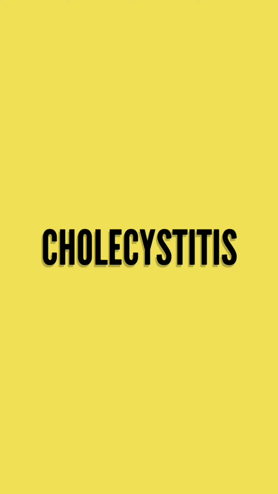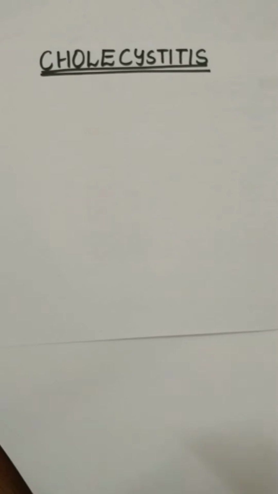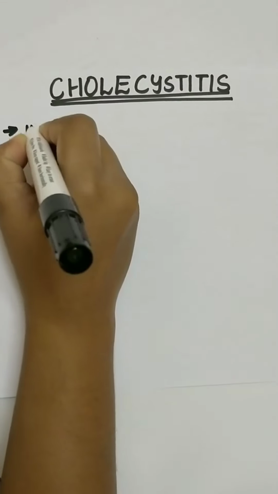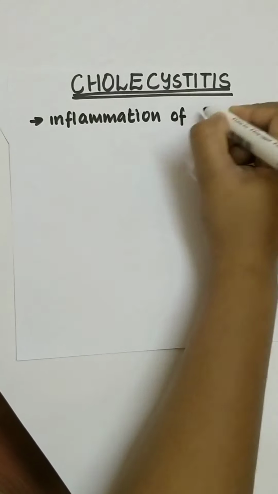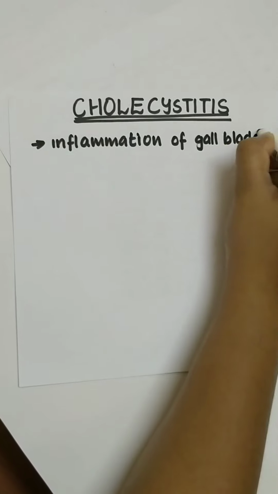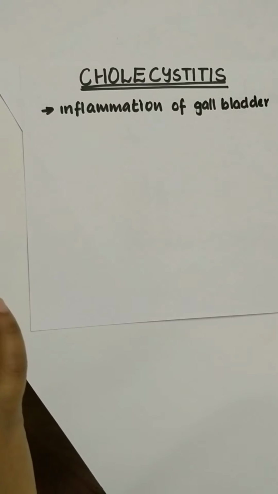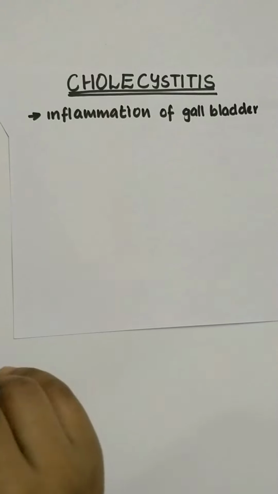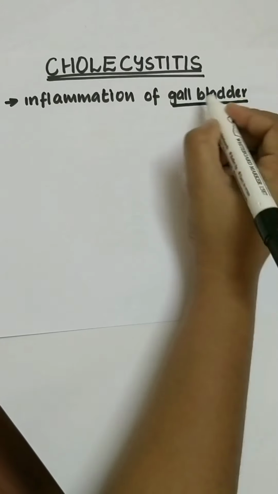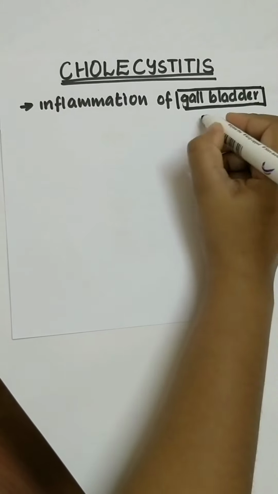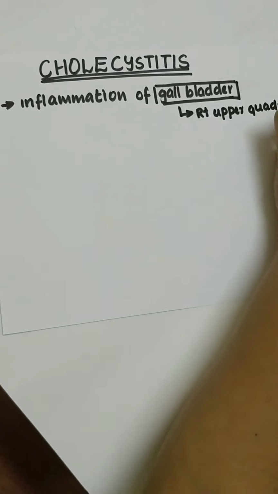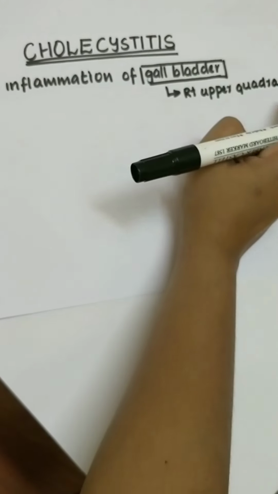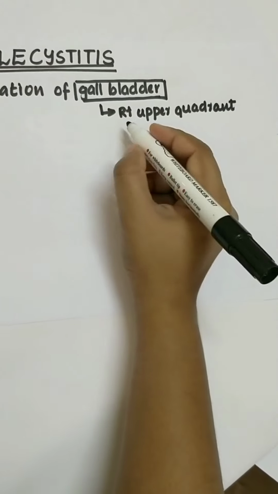Moving on to the first disorder, cholecystitis. Cholecystitis is the inflammation of the gallbladder. Now we will see what the gallbladder is. The gallbladder is an organ that is situated in the right upper quadrant, just below the liver.